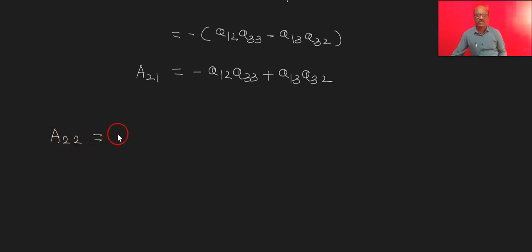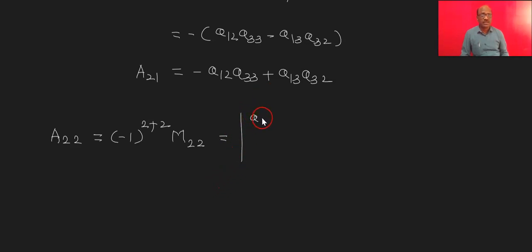A22 is equal to minus 1 raised to 2 plus 2, and here is M22. This equals M22.